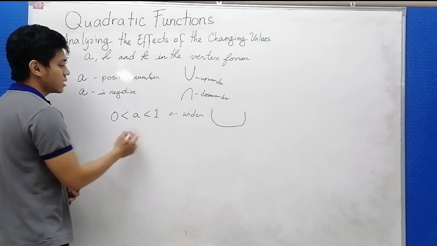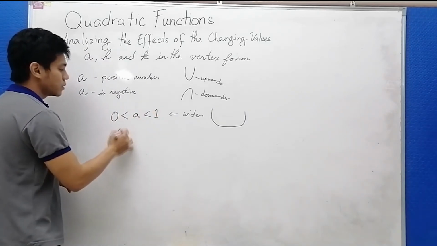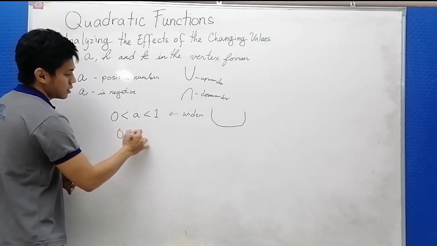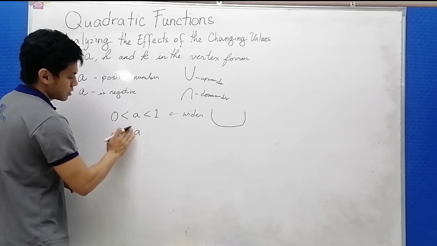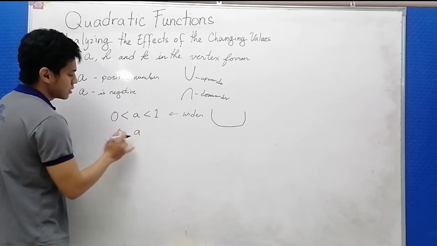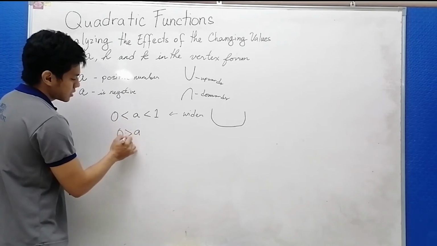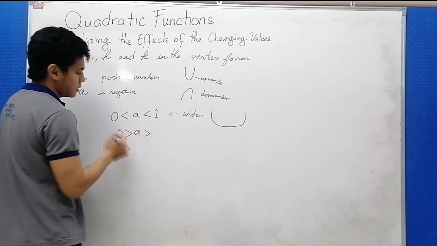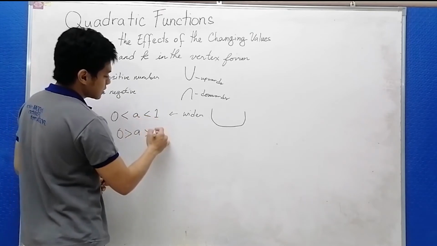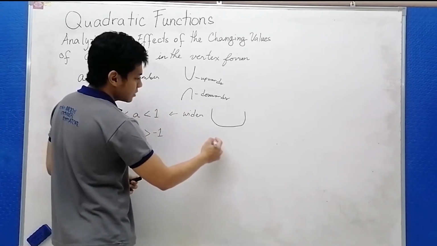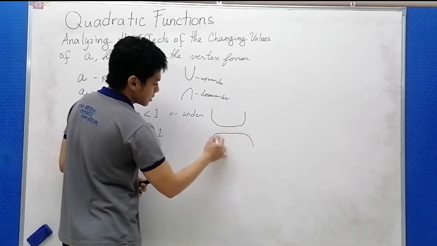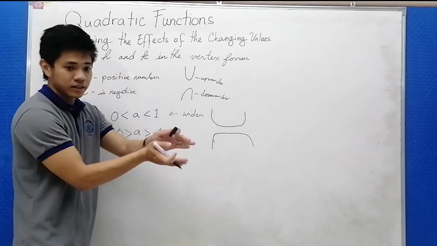Same goes if a is negative. So we can have a less than 0 and greater than negative 1. So we have a wider parabola, but it's facing downwards, so it opens up in a wider state.